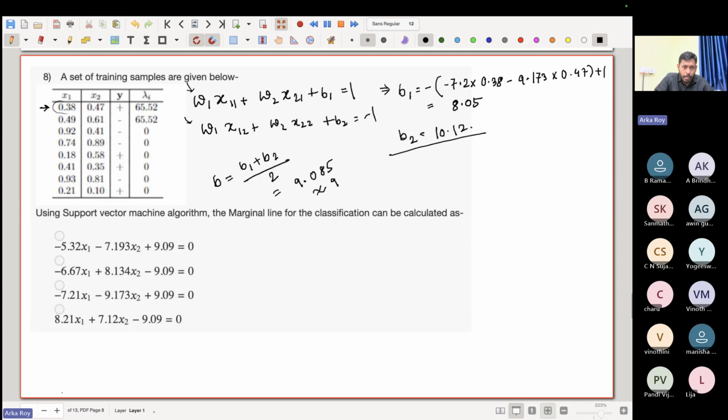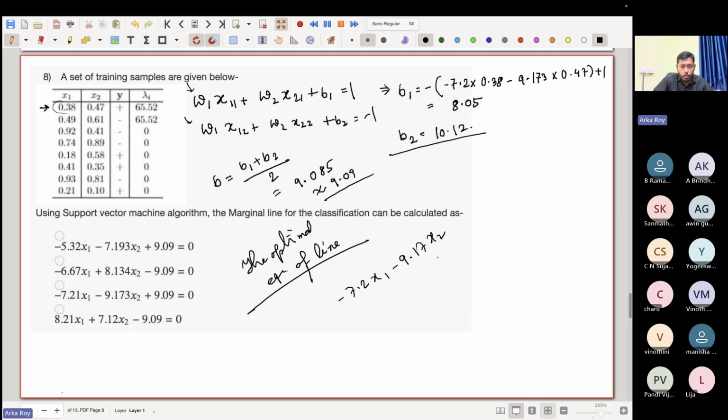So you can write it as 9.09 over here. Therefore, the optimal equation of line is minus 7.2 x1 minus 9.17 x2 plus 9.09 is equal to 0.